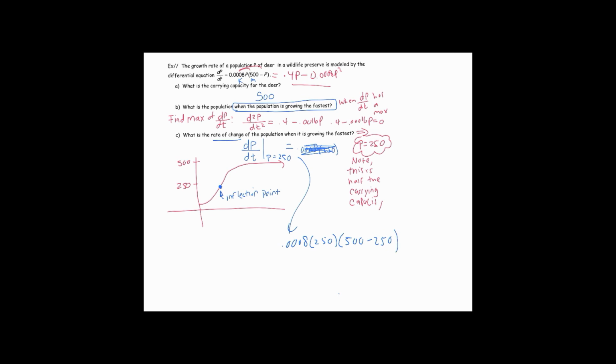If you put that in your calculator, you end up getting 50. And the units on that, since this is dP/dt, are deer per year. So 50 deer per year. That's the slope of the curve right at that inflection point. And that is the rate of change of the population when it is growing the fastest.